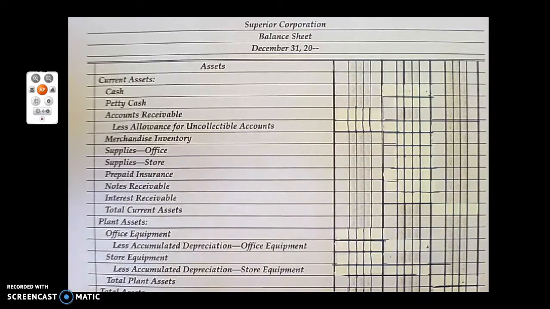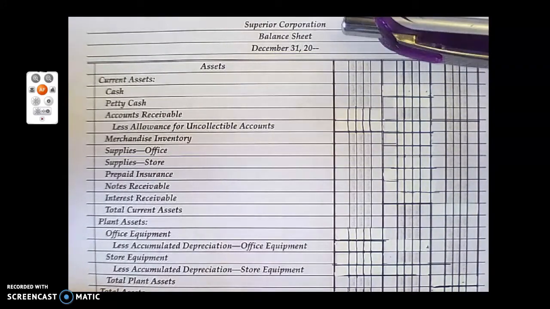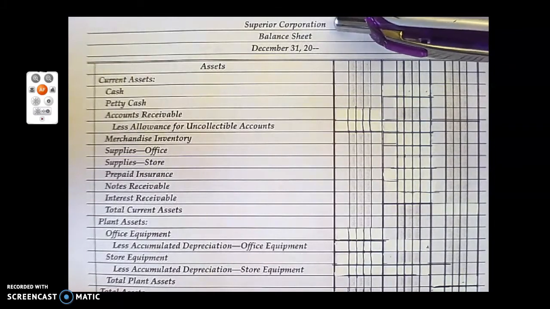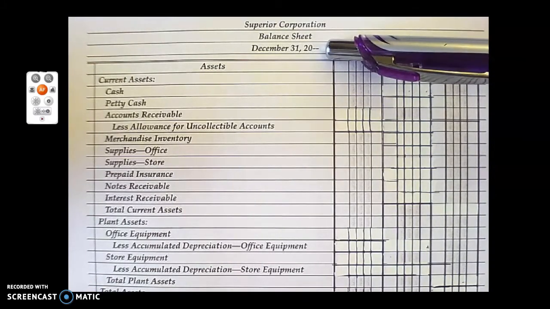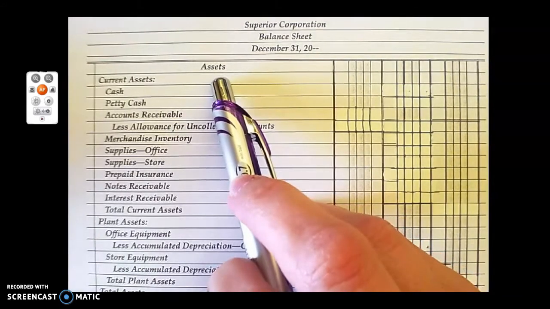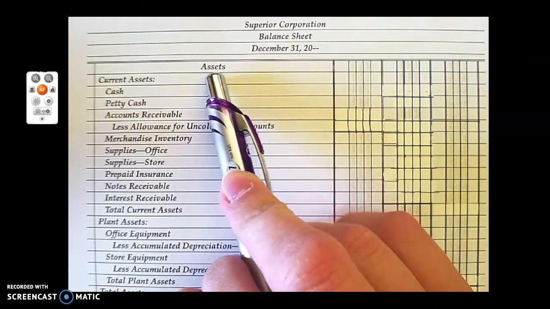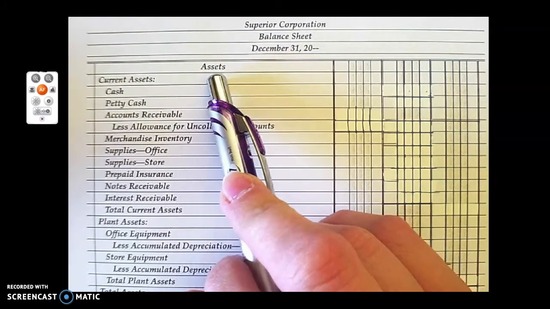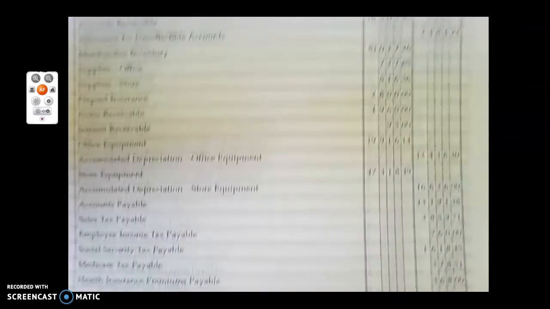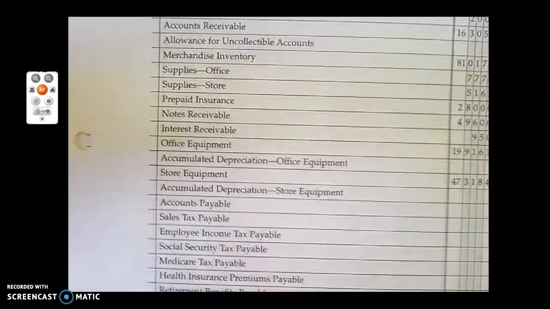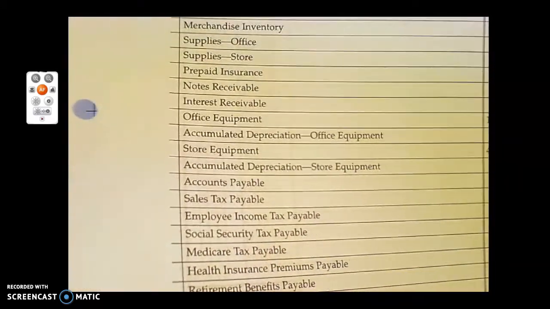All right. So first you will need to put in your title, which will be the same. We'll have Superior Corporation balance sheet and then December 31st, 2000 and whatever year it is. So your first section is assets. So you will write that centered in our title column. And if we look from our adjusted trial balance, we have a lot of different assets.